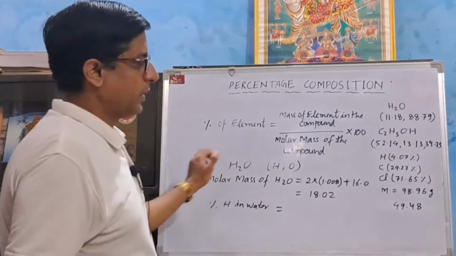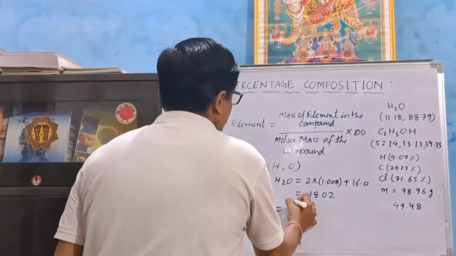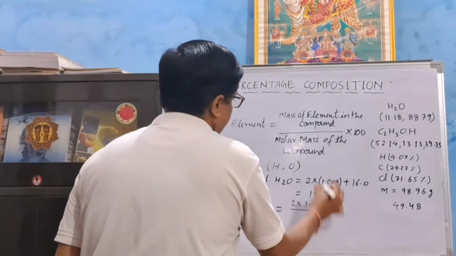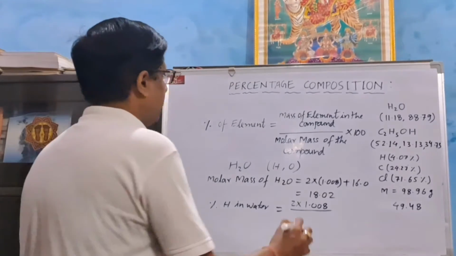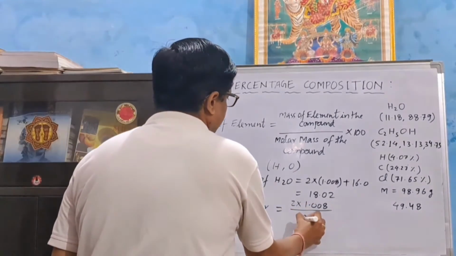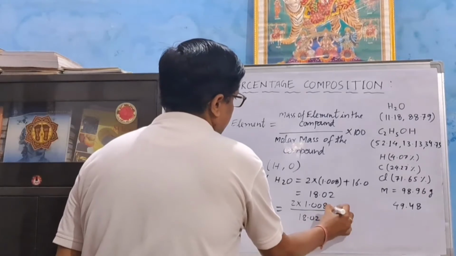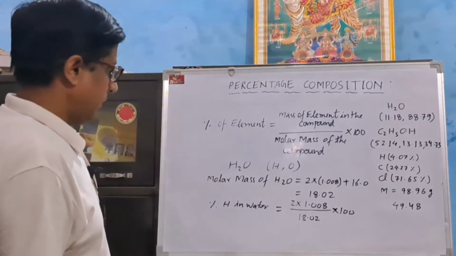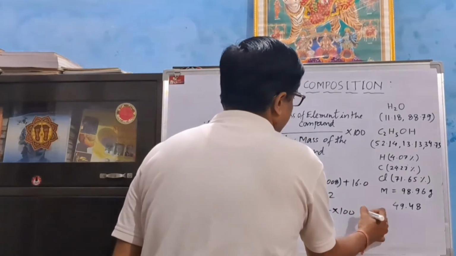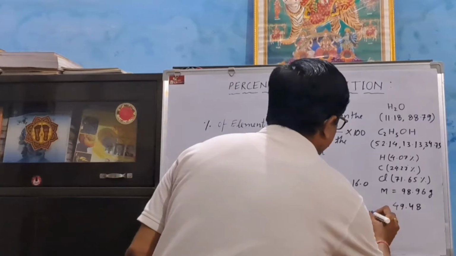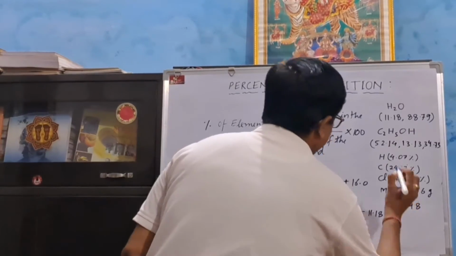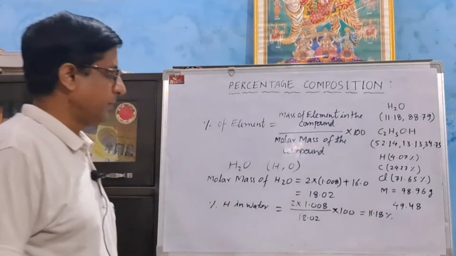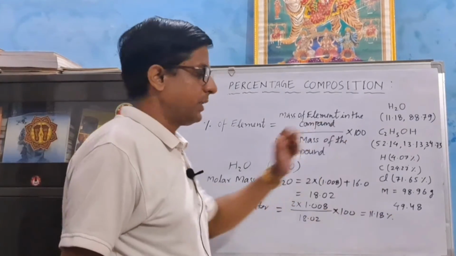Since there are two hydrogen atoms, therefore 2 into 1.008 divided by molar mass of water, 18.02, multiplied by 100. After simplification, this comes out to be 11.18%. The mass percentage of hydrogen in water is 11.18%.